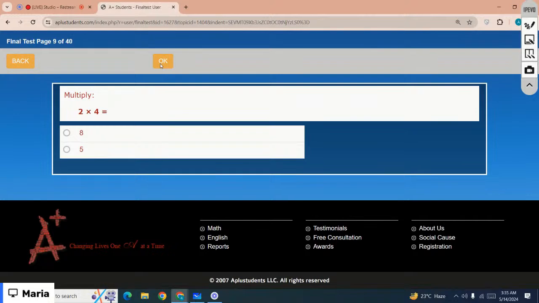The next one is 2 times 4, which is the correct option. 2 times 4 is 8. The correct option is 8.